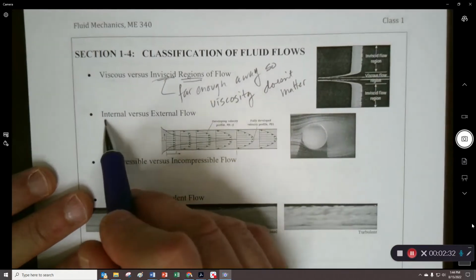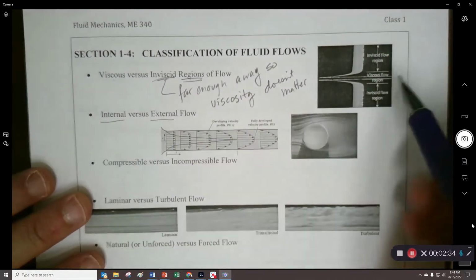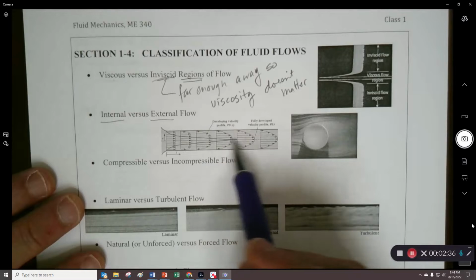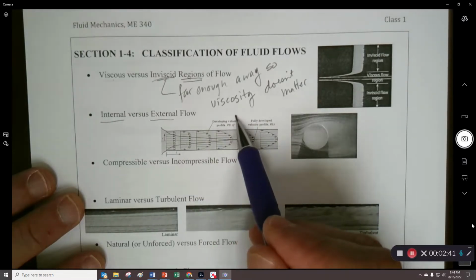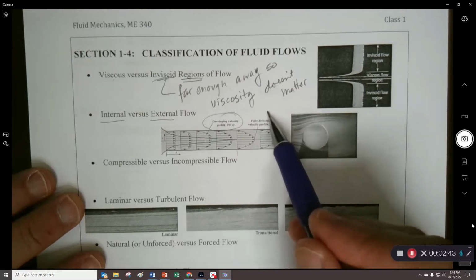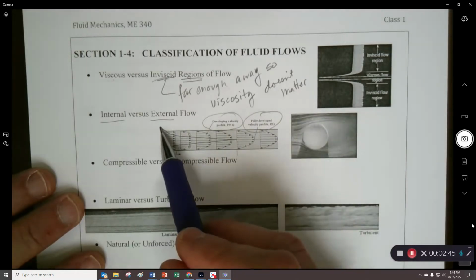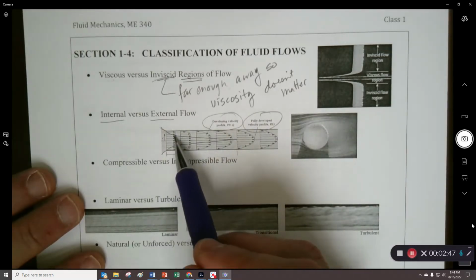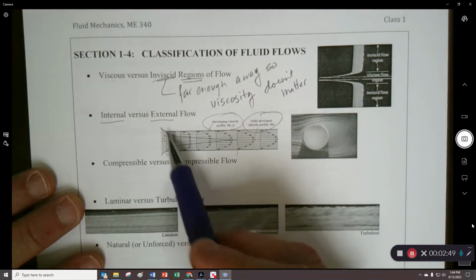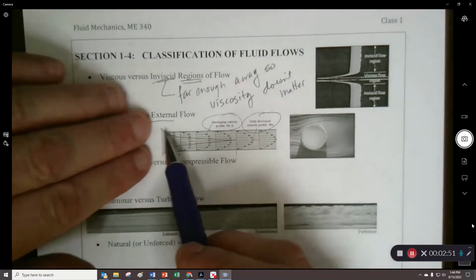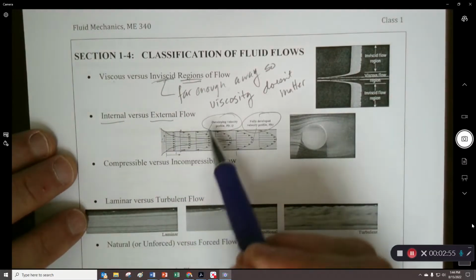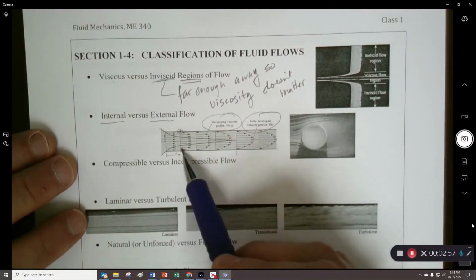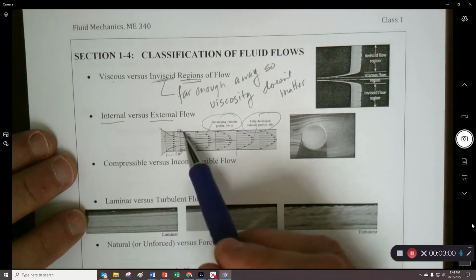We can also have internal and external flows. Here is flow inside of a pipe, and this diagram is showing you something called developing versus fully developed. Before something gets to the pipe, it would have maybe a consistent velocity, but because of the no slip condition, the first molecules are rubbing up against each other.